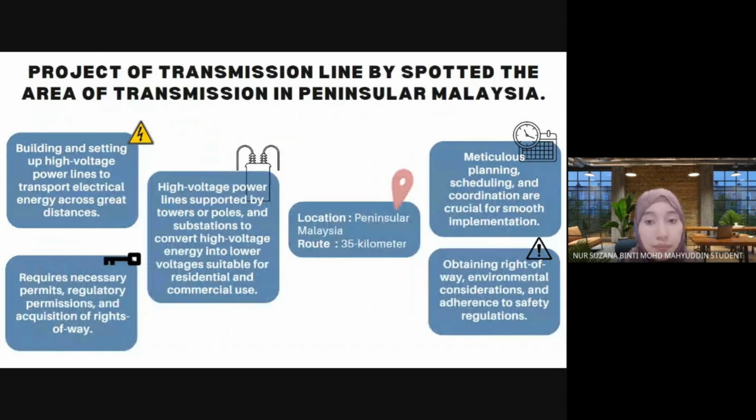Yes, for the transmission line project overview, first is scope. The scope is building and setting up high voltage power line to transport electrical energy across great distance.